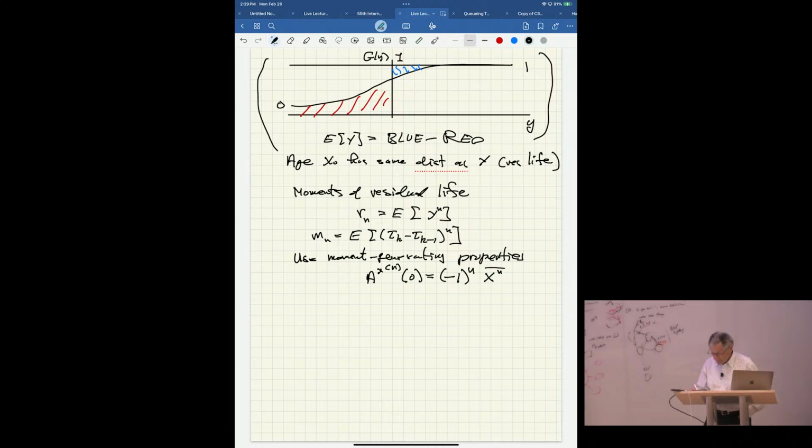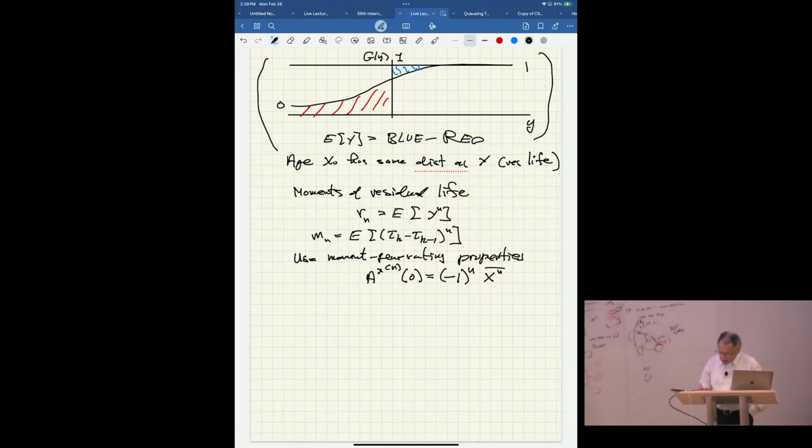I'm using A because those typical intervals, the tau k minus 1, were basically interarrival times. I'm going to apply that in a few minutes to the MG1 system. So I'm using A star as an example. But you remember this moment generating property, okay?